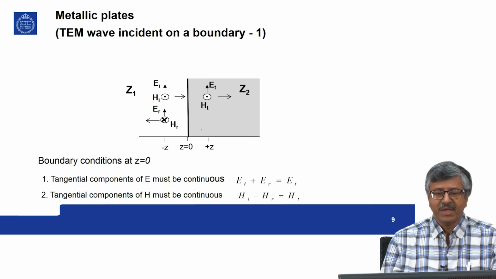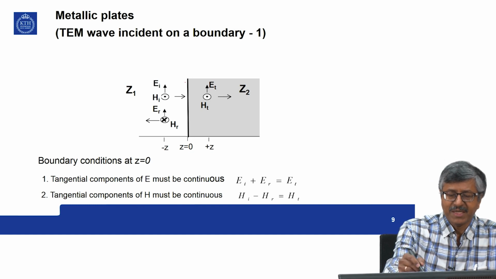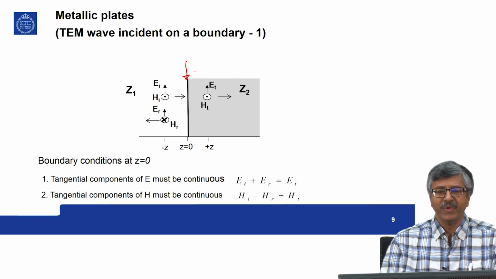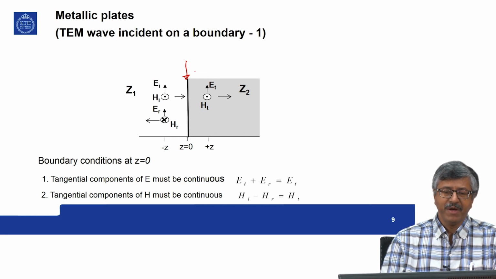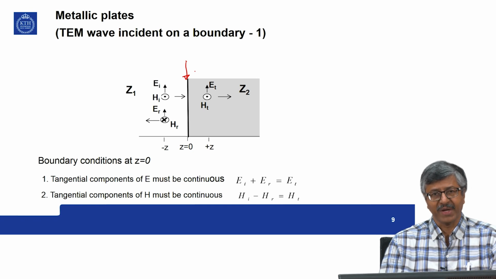So, let us look at how we can derive some of the equations. So, metallic plates, this is the metal plate. So, TEM wave incident on a boundary. Now, in a TEM wave we have seen that electric and magnetic field will be orthogonal to each other and orthogonal to the direction of propagation.